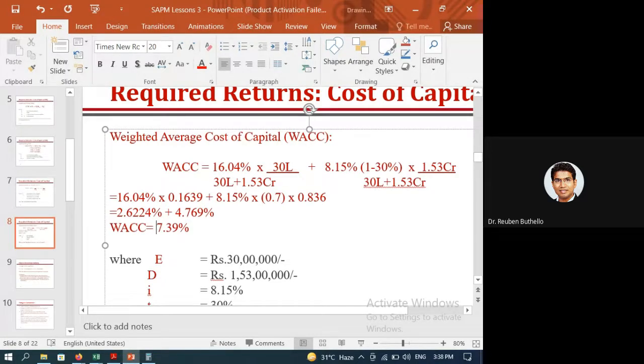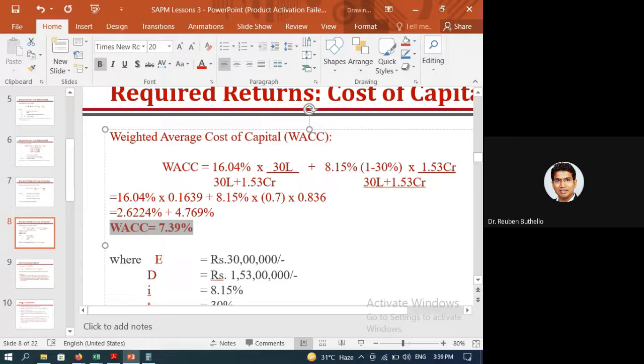So out of 1.83 crore, I only asked 30 lakhs from the equity markets, and the remaining 1.53 I took as loans from the debt market, and that is how I get a weighted average cost of capital of only 7.39%.